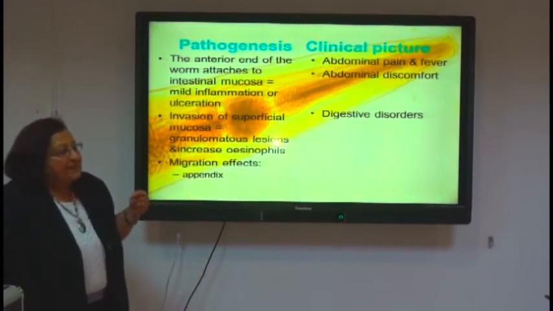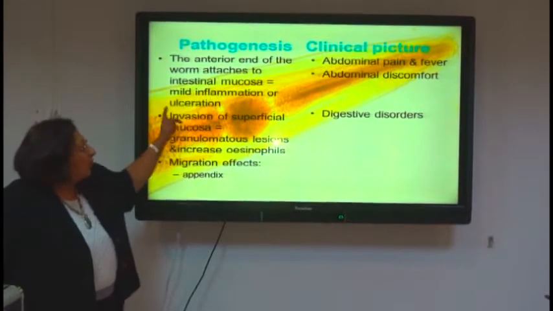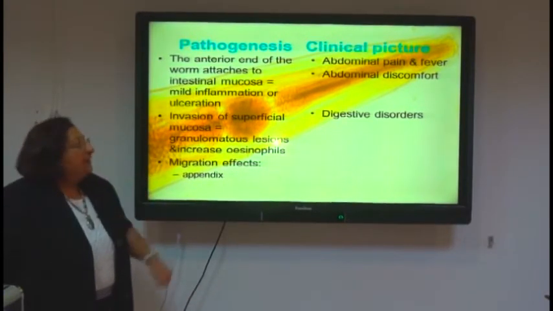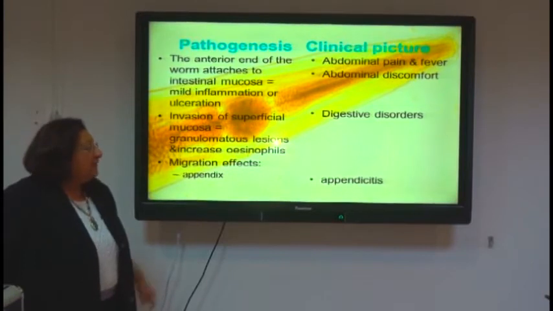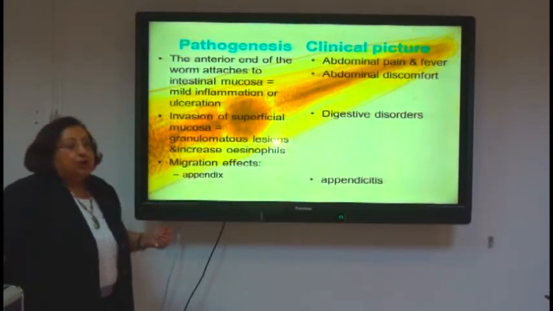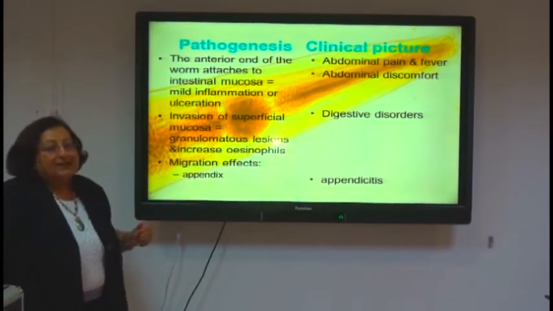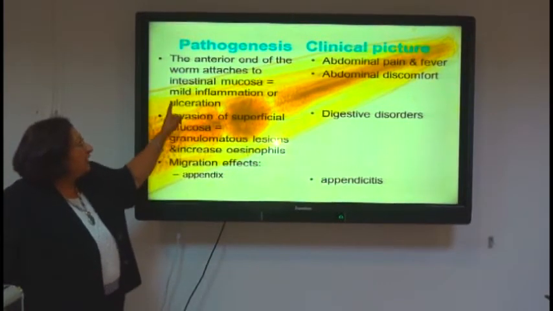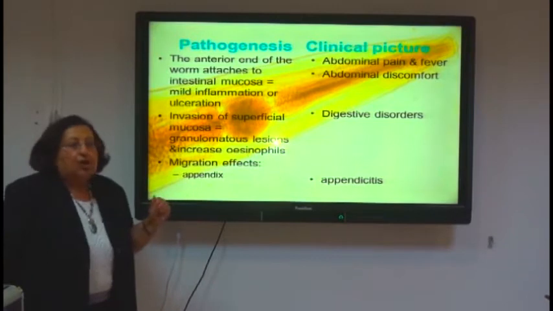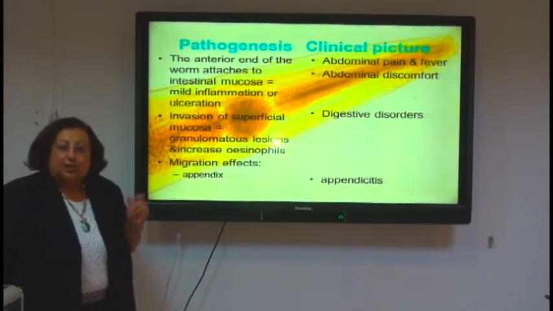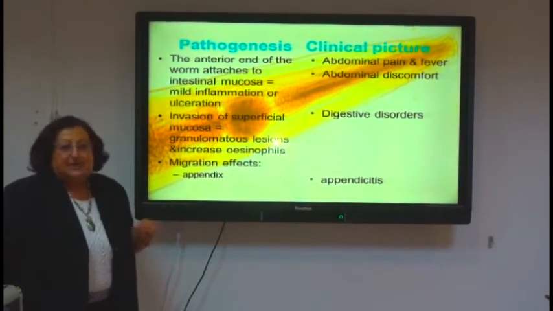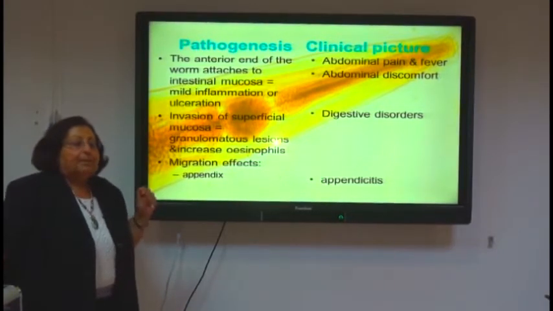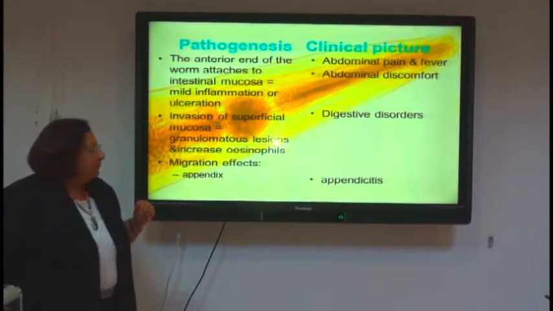Also, there are digestive disorders, all because of the inflammation and ulceration of the intestinal mucosa. If it happens to reach the appendix, it can lead to appendicitis. Of course, due to the inflammation and ulceration of the intestinal mucosa of the large intestine, it gives rise to dysentery. So dysentery is a main manifestation of Enterobiasis vermicularis.